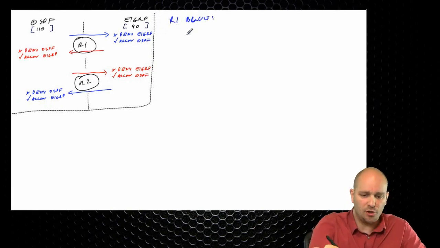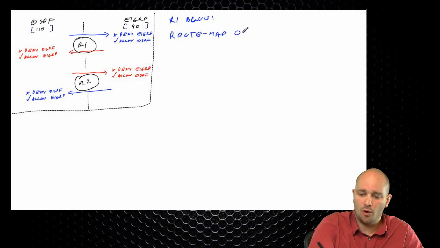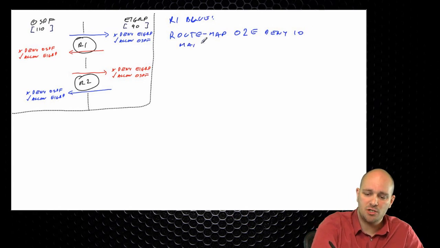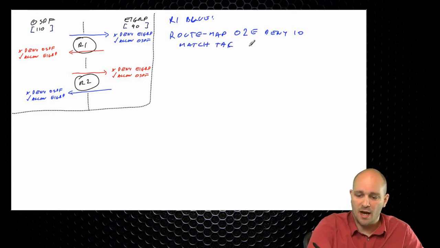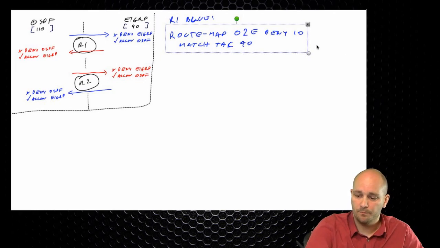So what I need to do here is create a route map. Let's say this is going to be OSPF to EIGRP deny 10, and I'm going to say here match tag. I'm going to deny 90, and then I'm going to have pretty much this.